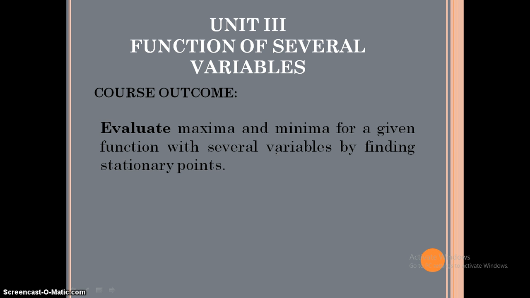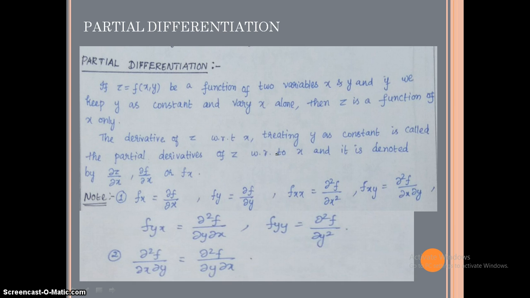So first we shall discuss the introduction of this topic. What are partial differential equations, and how do we find the derivatives here? First we shall go through the partial differentiation definitions.